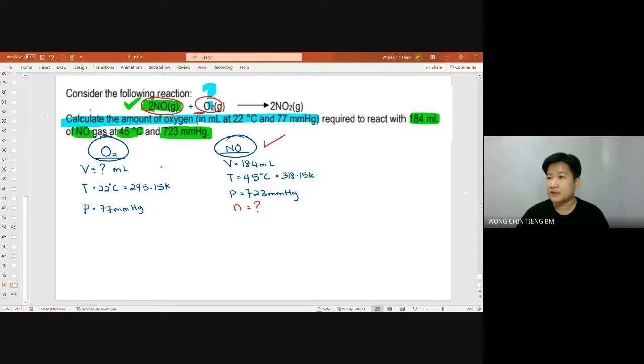Saya nak jawapan daripada Haris, Daniel and also Aiman atau Safan.